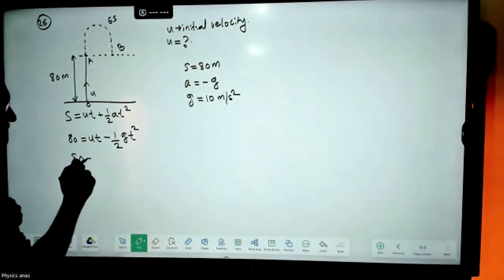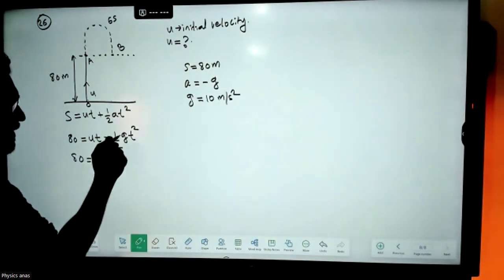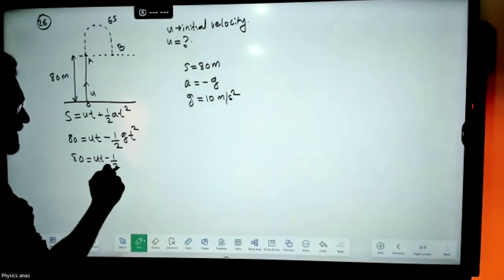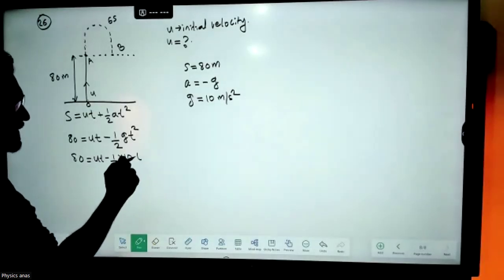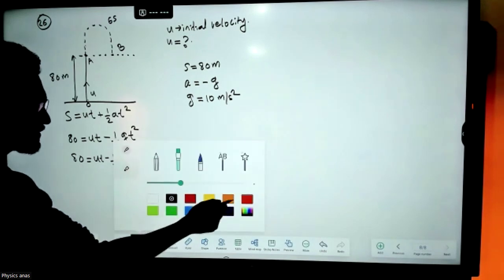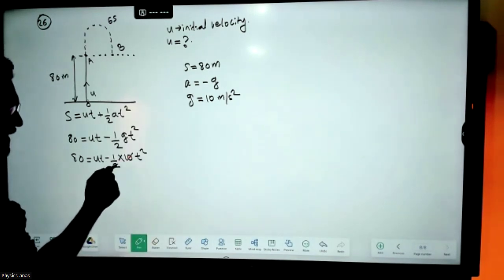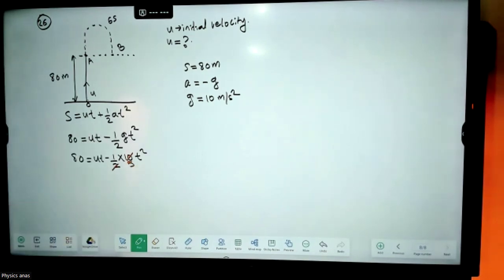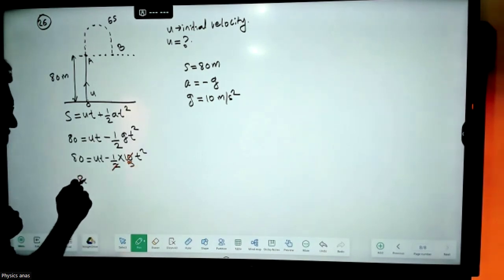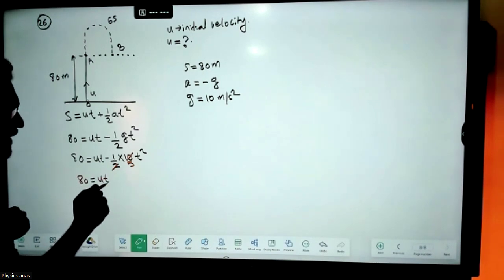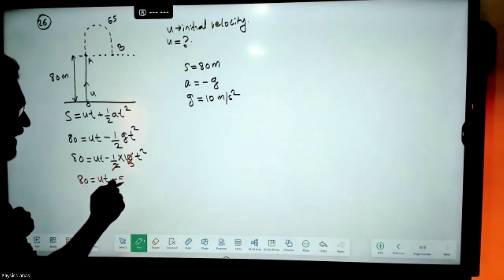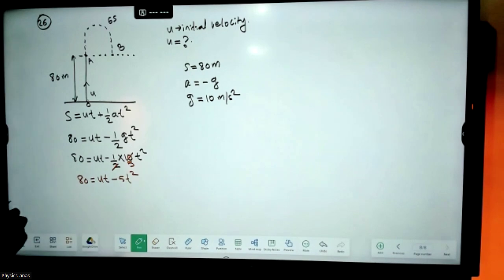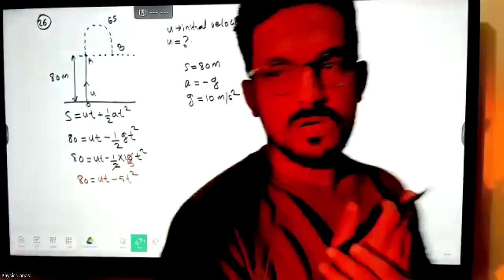So 80 is equal to ut minus half into 10 t square. You can cancel 10 and 2, and you will get 5 here. So 80 is equal to ut minus 5 t square.